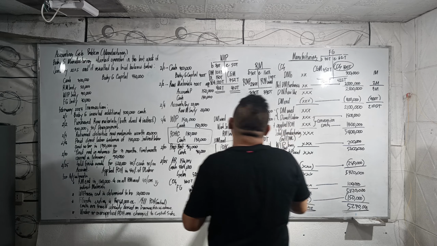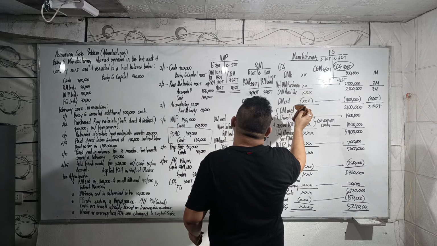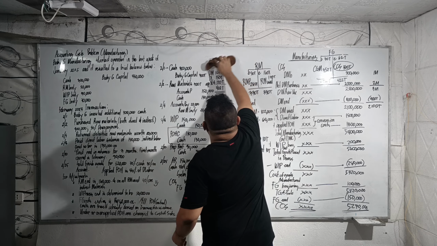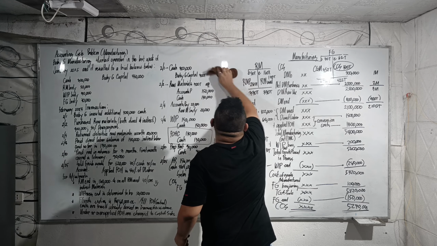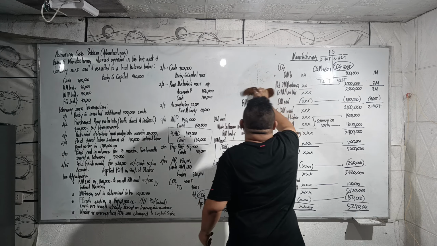So let's post this to the ledger or the T accounts. I have to delete this because that was used for the analysis. Let's leave the entries.